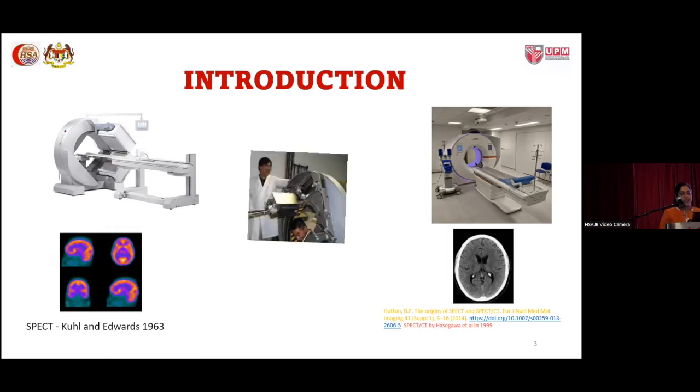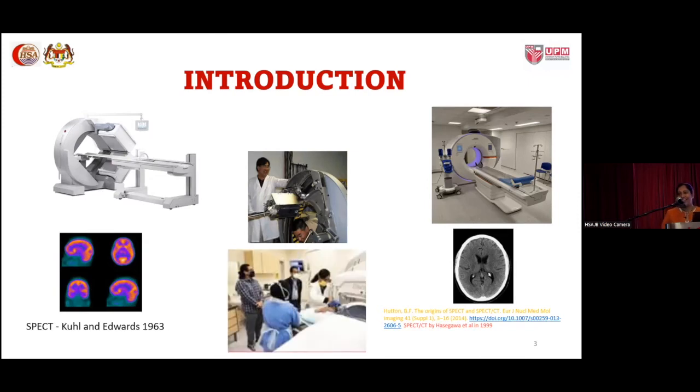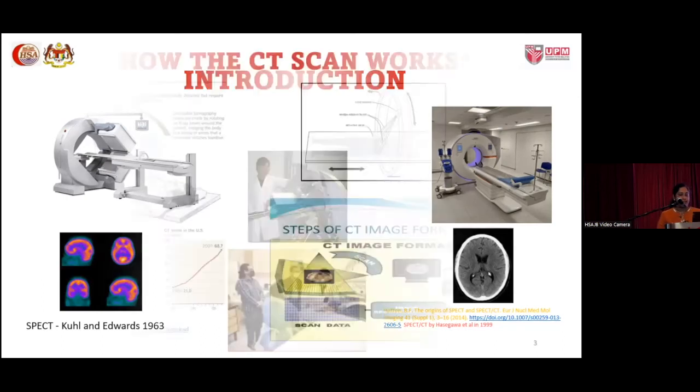And therefore he created the prototype of the SPECT-CT machine, and now we get the benefit of using it for our clinical practice. These two machines have very different technologies, but with advances in technology, they are now a hybrid machine.